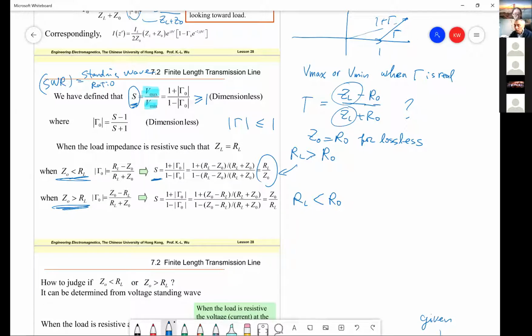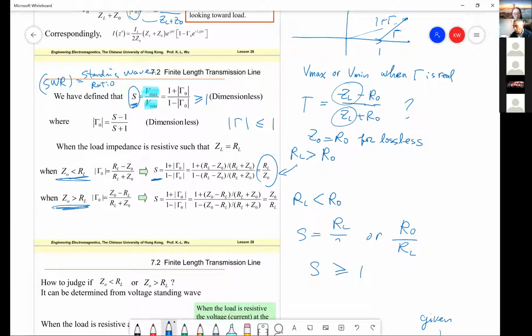Standing wave ratio, either one or the other. You only have two options, depending on how you measure the standing wave ratio. Standing wave ratio is always a real number, always larger than or equal to 1.